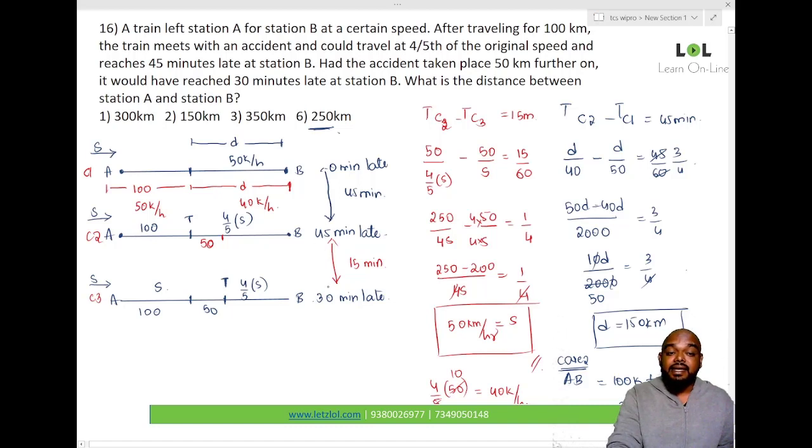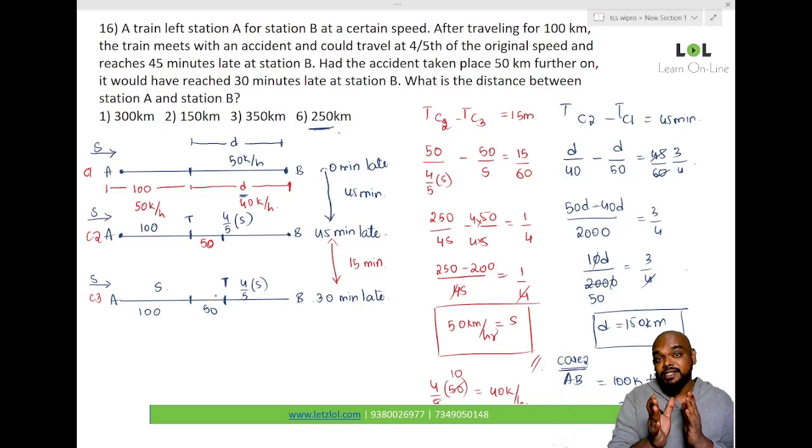In the second case and the third case, when we compare, time difference is only 15 minutes. So time taken in case 2 minus time taken in case 3 is 15 minutes. Let us calculate the time difference only for this 50 kilometers, because the only difference happening in case 2 and case 3 is that extra 50 kilometers.